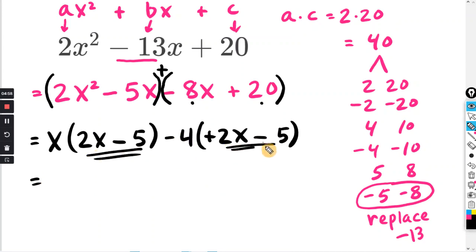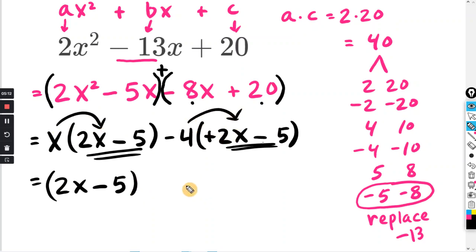So 2x minus 5 matches 2x minus 5. I'll write that first. And since x is multiplied by 2x minus 5, and negative 4 is multiplied by 2x minus 5, the next binomial is just going to be x minus 4. And that is your final answer.